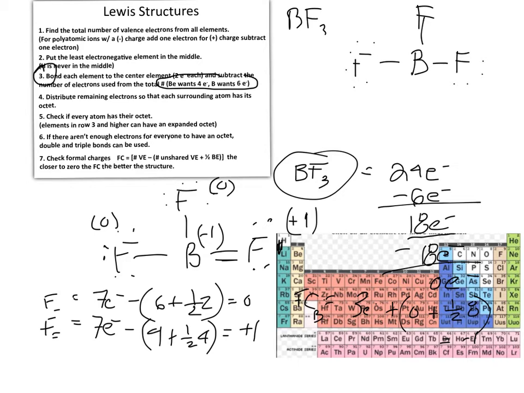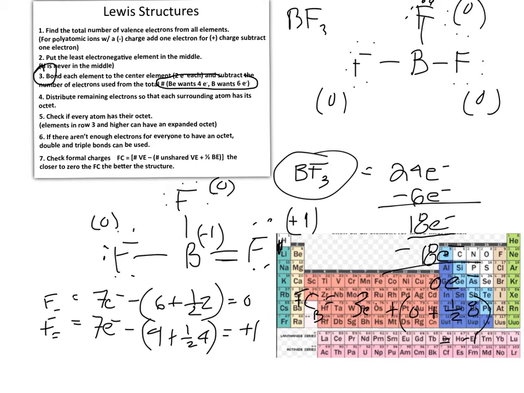Very simply, if we calculate our formal charges, remember we've already done them for the fluorines that are bonded in this manner. So we're just going to put zeros as our formal charges out here for fluorine.